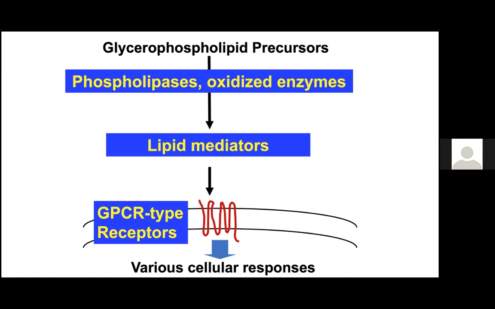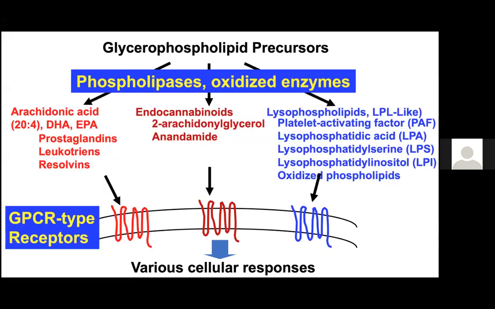Such lipid mediators include prostaglandin, leukotriene, 2-arachidonoylglycerol, anandamide, and lysophospholipids. Prostaglandin and leukotriene were nicely explained by Dr. Ennis in his talk last night. I would like to talk mainly about lysophospholipids.